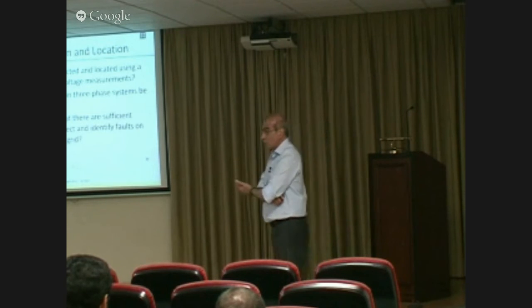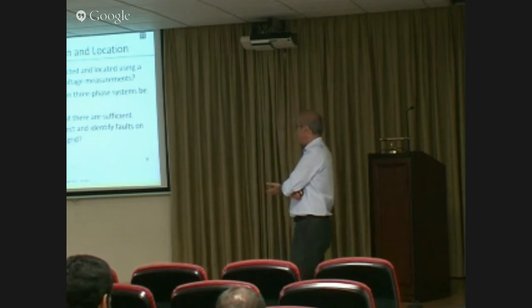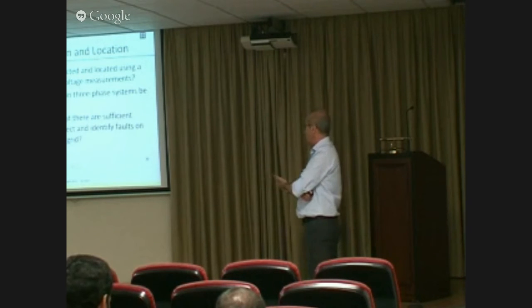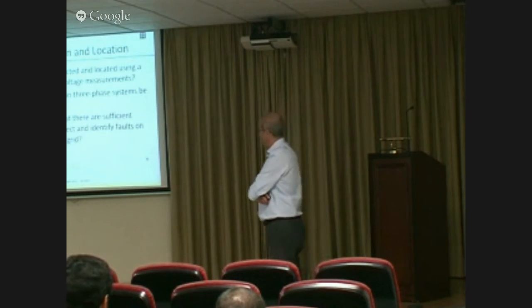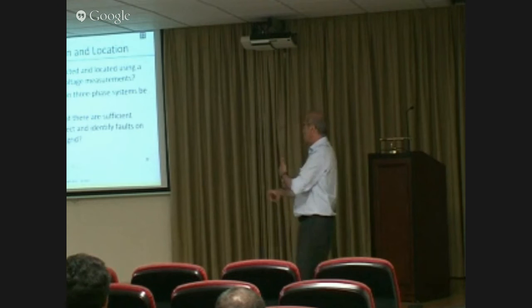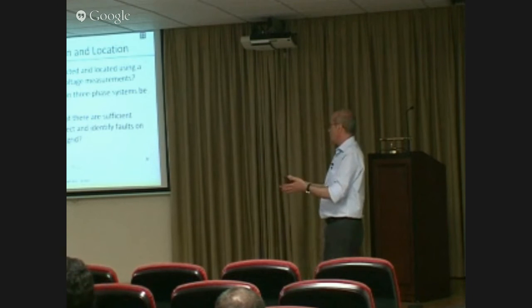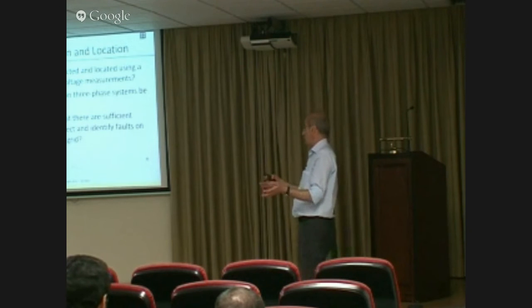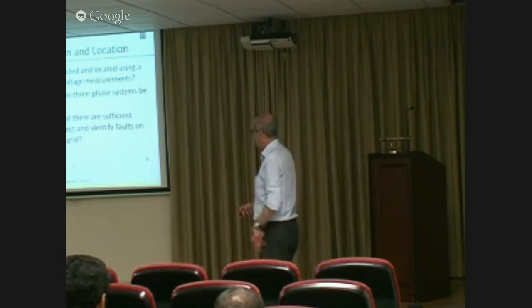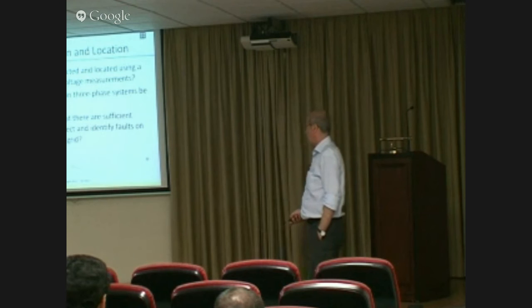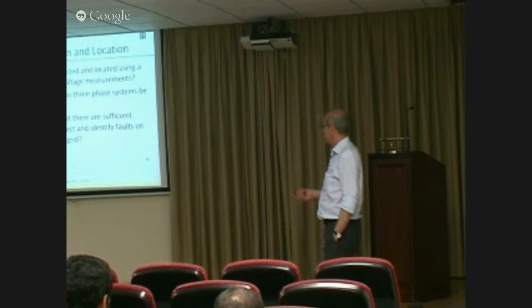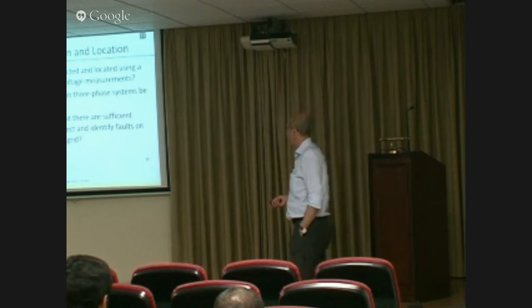Can we do it for any type of fault in a three-phase system, like line to line, line to ground, and so forth? And then if we can, what are the limitations? How do we place these phasor measurements so that there are enough of them at the right locations, which will allow this to happen? So these are the questions after the motivating example.